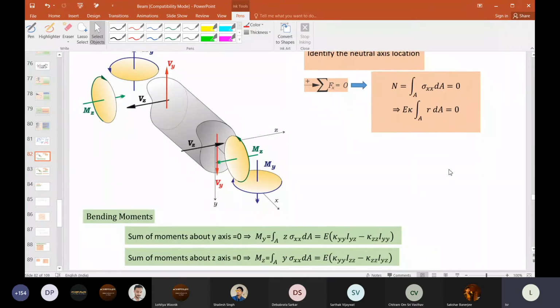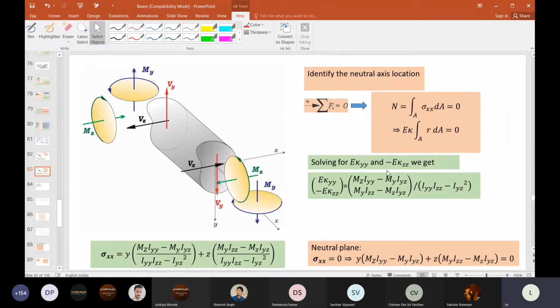Then this will give r bar equal to 0, because these things are all non-zero quantities. Area is a non-zero quantity, so naturally r bar should be 0. What does r bar 0 mean? Then our neutral plane passes through the CG actually.